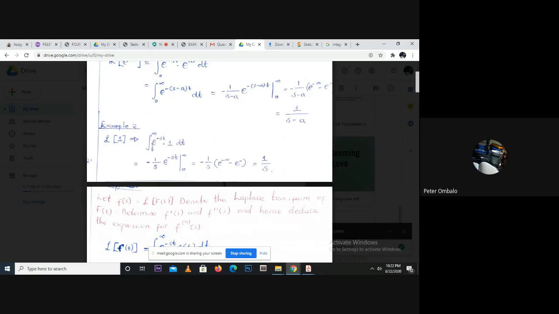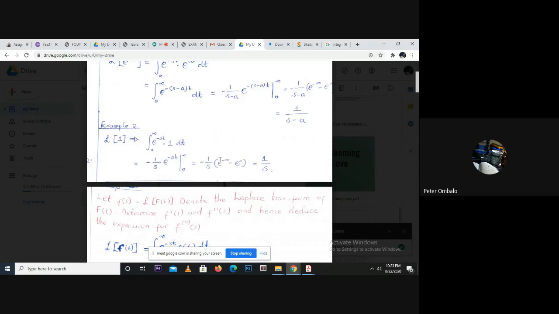Again, any integral of an exponential is the inverse of the power multiplied by the same thing. So we integrate it between 0 and infinity. So we remain with negative 1 over s into e to the negative infinity minus e to the 0.